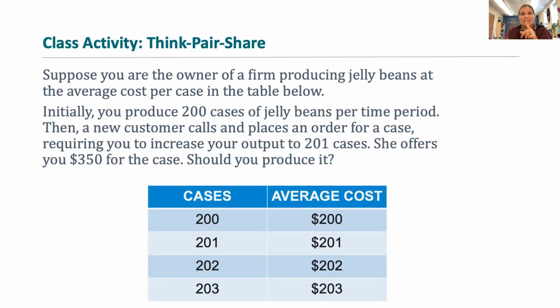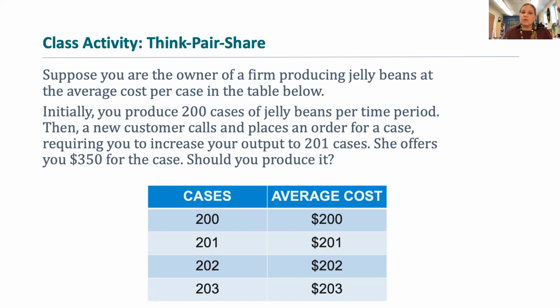So in class, we're going to pick up with this activity, but I encourage you to think about it right now. Suppose that you're the owner of a firm and you produce jelly beans. Why not? At the average cost per case listed in this table. So initially, you're producing 200 cases of jelly beans per time period. Then you get a call from a customer who wants to place an order for a case.